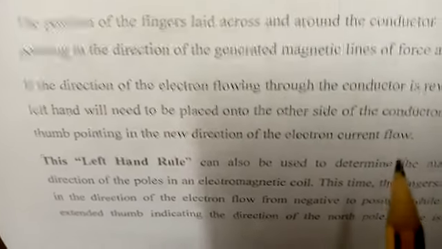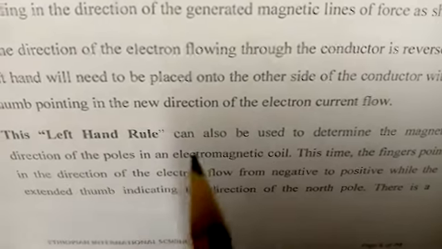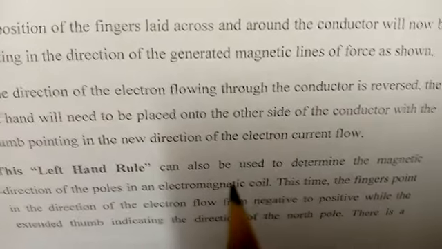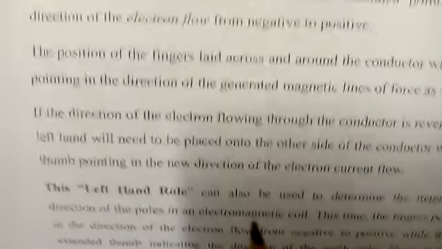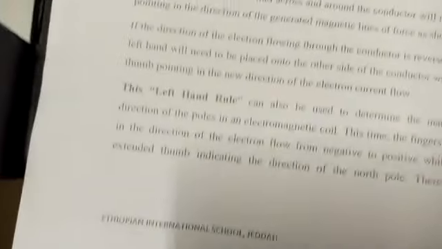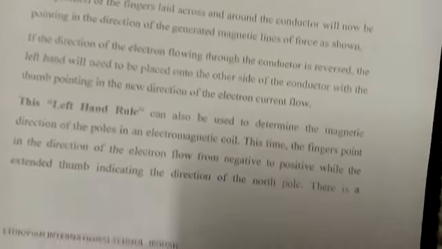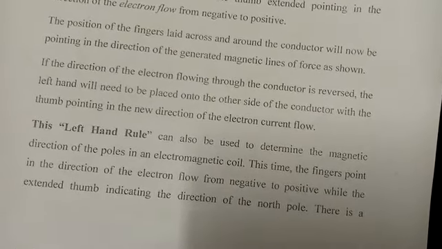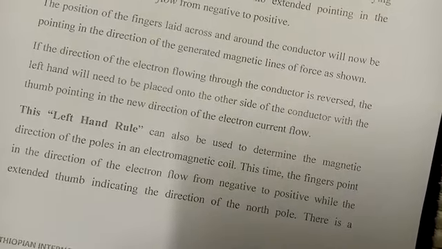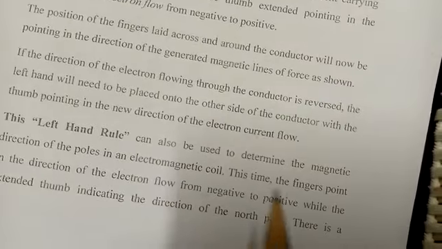This time the fingers point in the direction of the electron flow, from negative to positive, because now we are using the left hand rule, which considers real flow of current, while the extended thumb in this case indicates the direction of the north pole.